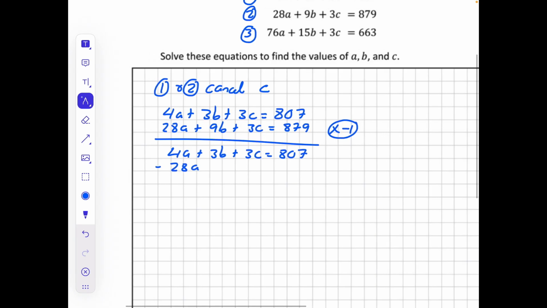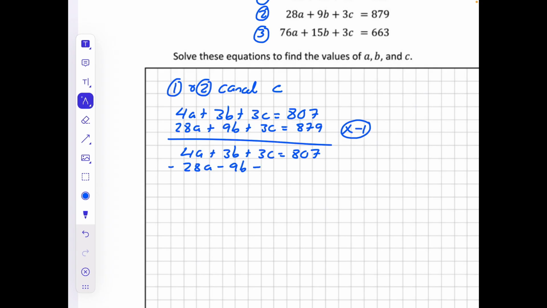It'll be negative 28A minus 9B minus 3C is equal to minus 879. Now, other than recognising that this was just a normal simultaneous equation, the second difficulty is the size of the numbers. Now, you have calculators. It shouldn't really be a reason to make a mistake, but slips, I guess, are a little bit more likely.